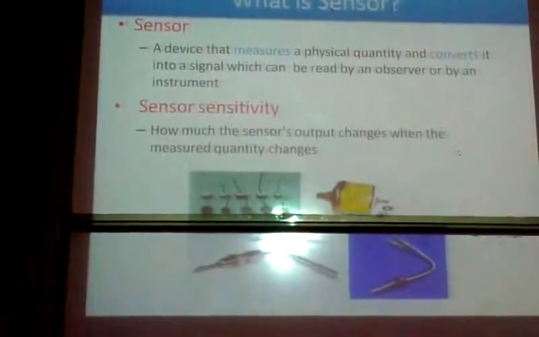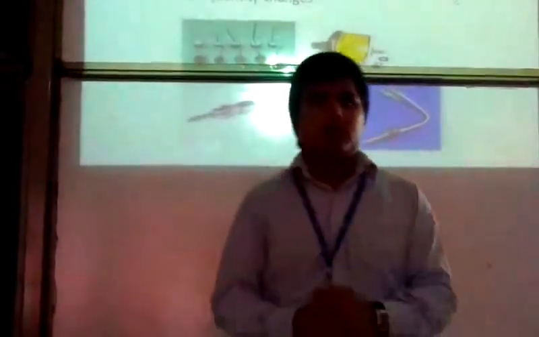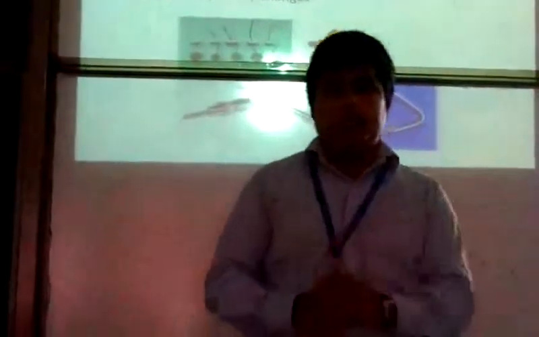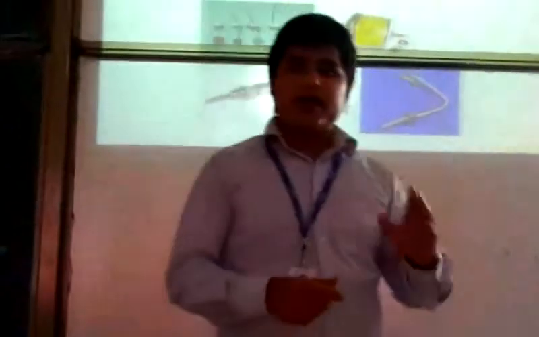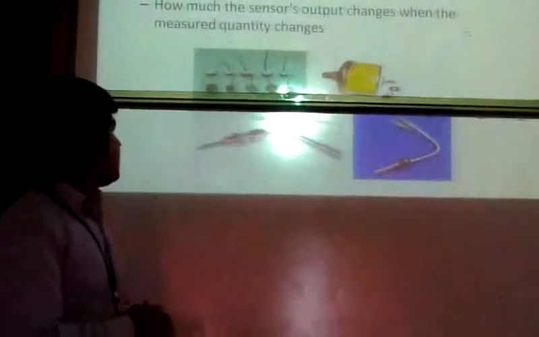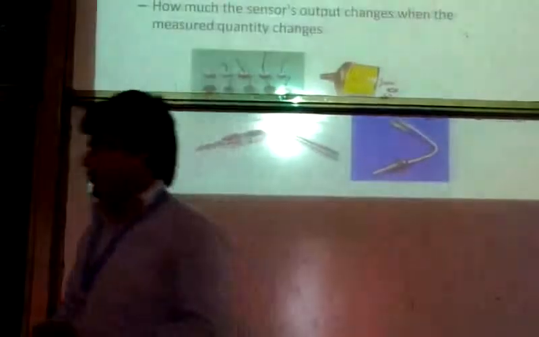So what is a sensor? A sensor is a measuring device that can measure a quantity and convert it into a signal which can be read by an observer or by an instrument. And second is sensor sensitivity. Sensor sensitivity means how much the sensor output changes when we change its input.